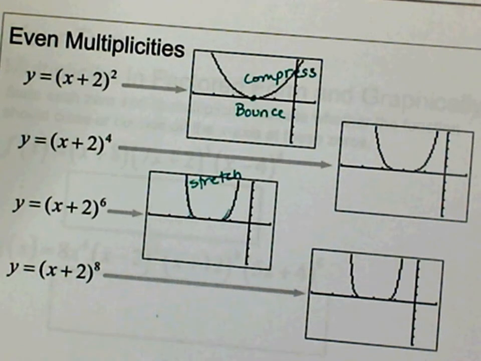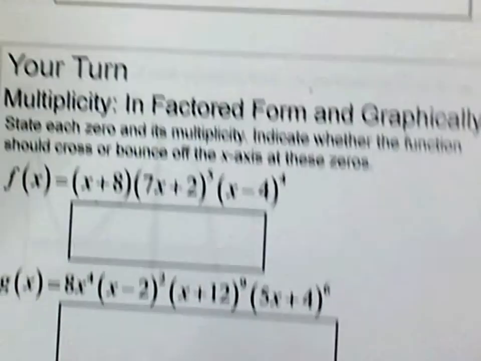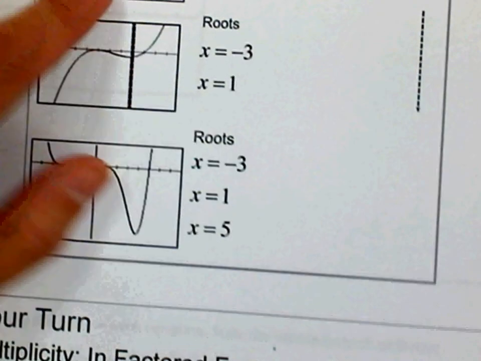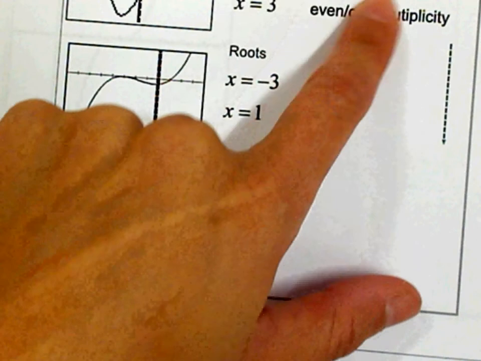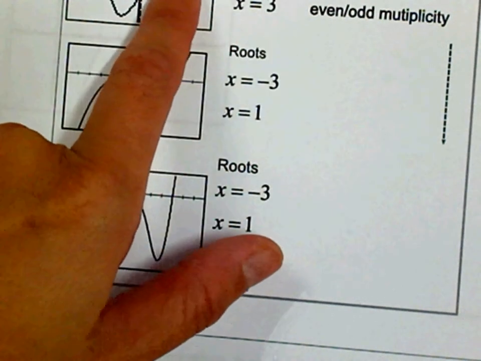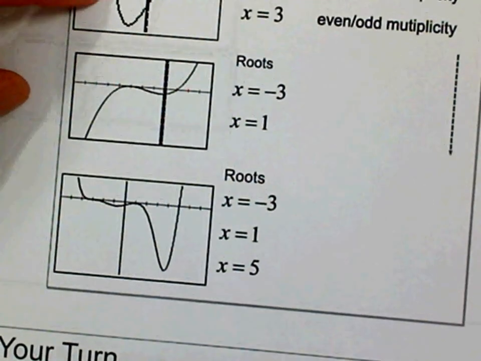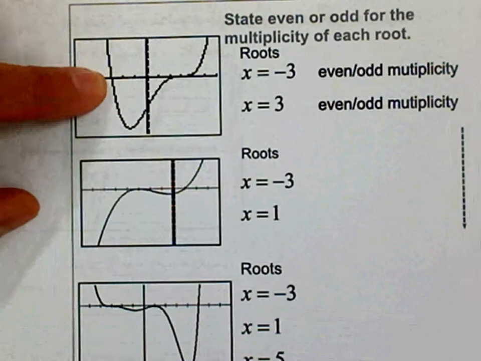All right, you guys good? Okay, now sometimes, look at this one. Even or odd? x minus 3, x is 3, okay? So you got to figure out if it's odd or even. Look at this. Is that odd or even? Multiplicity.